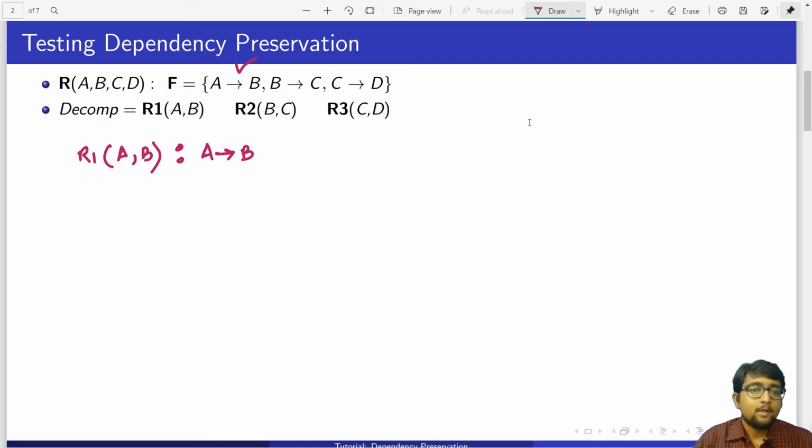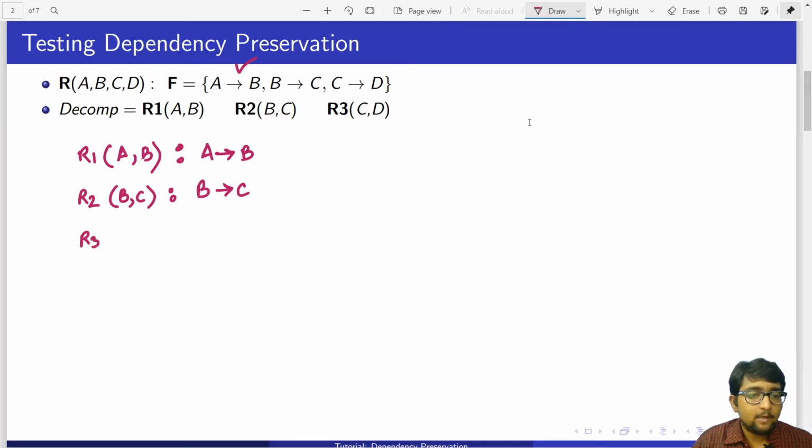Correspondingly, we go to R2 with B and C as the attribute set, and by applying the same logic we can say that B goes to C is the only functional dependency applicable on R2.